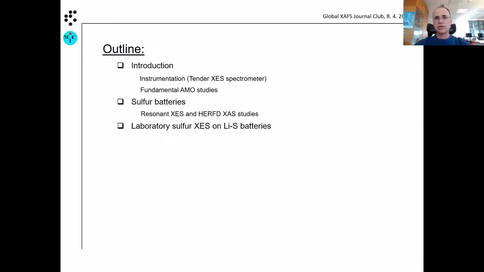I will present briefly the instrumentation that we use for this work, and complete this part with an example of some fundamental atomic study, which is maybe not so close to this community, but it was in fact how we entered this field, and our original background comes from atomic physics. So I think it might be interesting to show it, and then I will jump to the batteries and stay there for the rest of my talk. I will start with the synchrotron results and then move on to the lab.